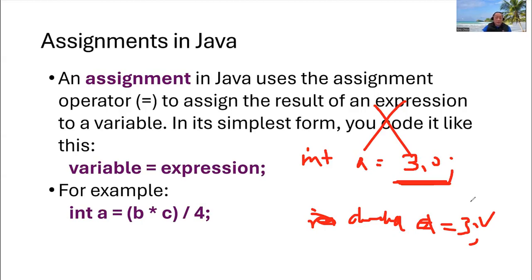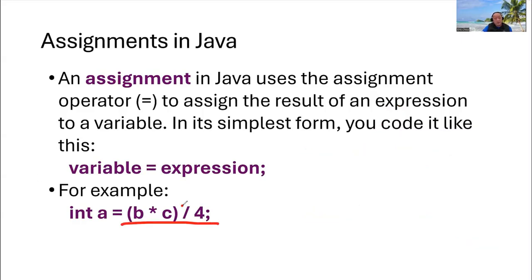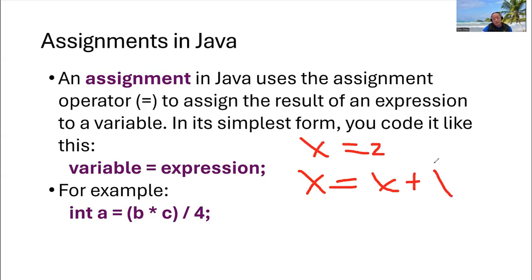Okay, that's the first thing. Augmented assignment. Assignment is using the equal sign. That means the right-hand side value is evaluated and the value will be assigned to a. So when you have x equals x plus 1, let's assume x originally is 2. Then you get the value of 2 plus 1, you get 3 assigned to x. So the new x is 3.